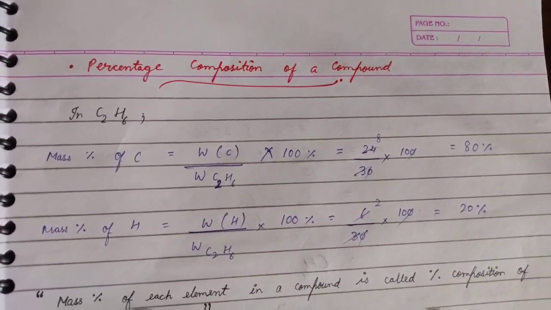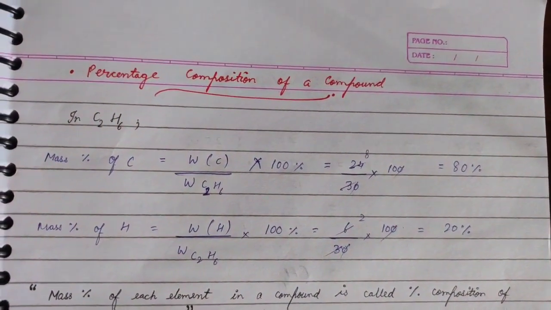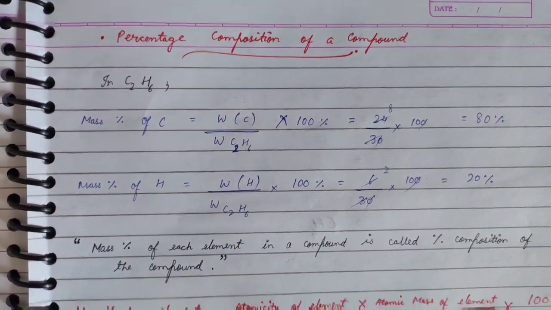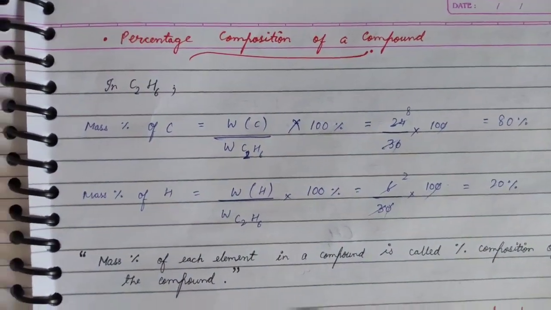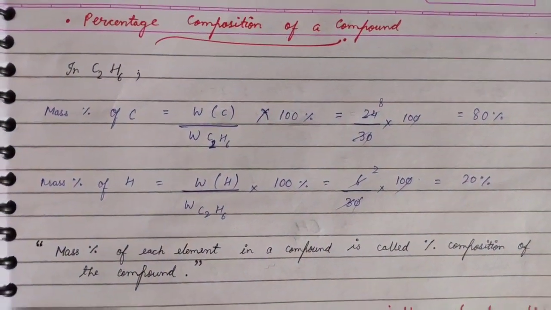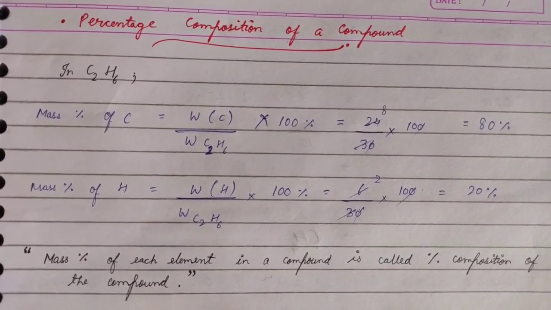So 24 upon 30 into 100 gives us 80%. Next is hydrogen. Similarly, we put mass of hydrogen upon mass of C2H6 into 100%. So it becomes 6 by 30 into 100, which is equal to 20%.